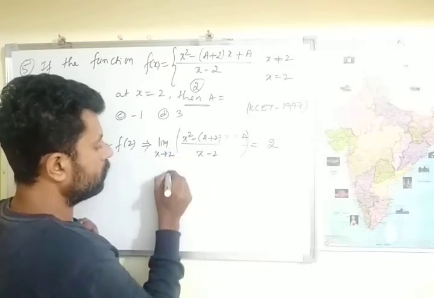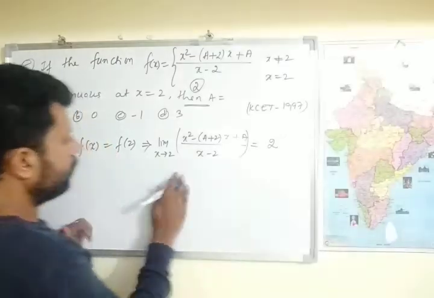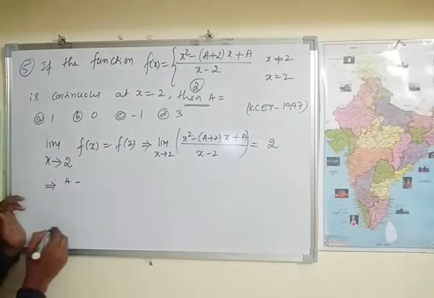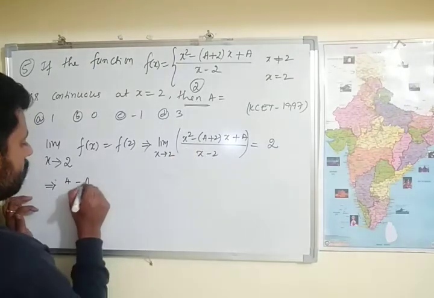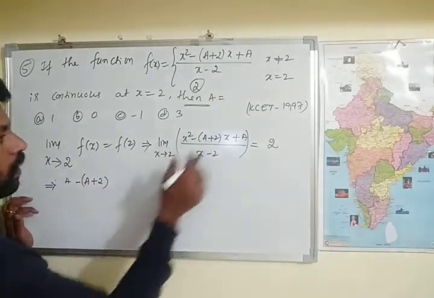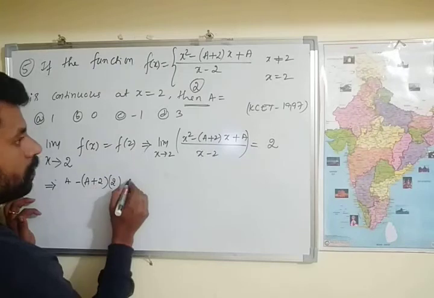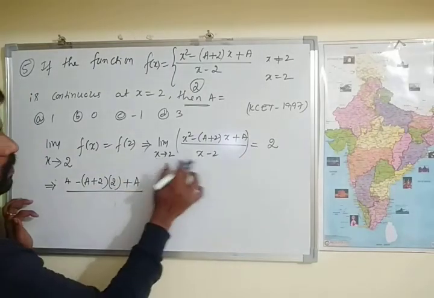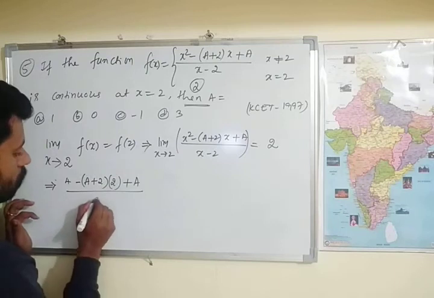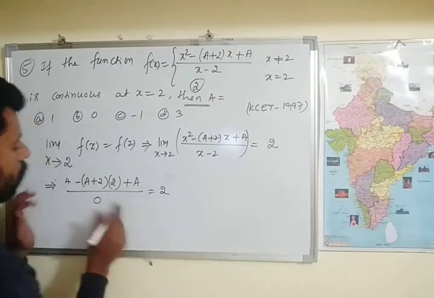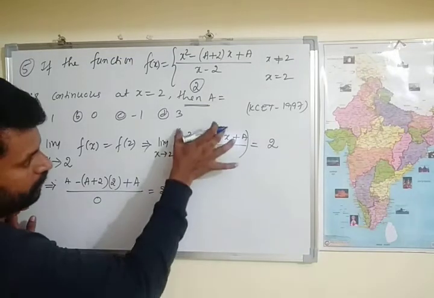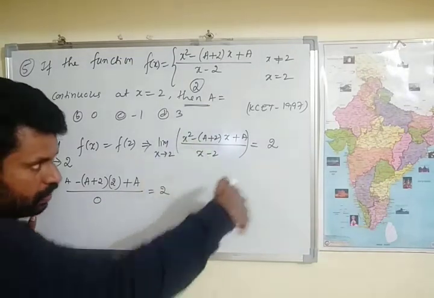2 square is 4, minus (a plus 2) into x which is 2, plus a, whole divided by x which is 2, here 2 minus 2 is 0, equal to 2. Don't write this as an undefined form, because for f of x divided by g of x we can take cross multiplication form.